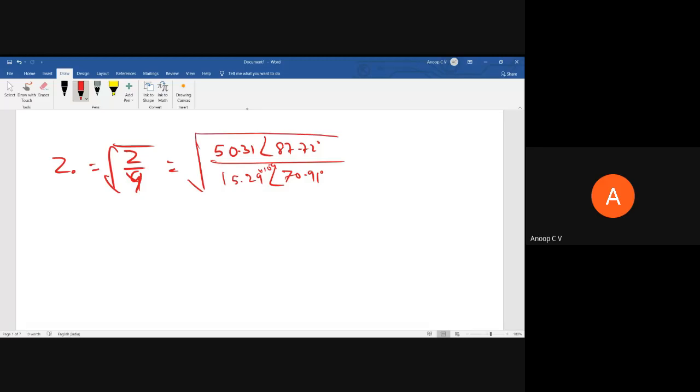Please do find this. I'll write the answers, please do verify. You should get 181.39 angle 8.4 degrees, and in Cartesian form that is 179.44 plus j 26.50. So this should be the value of Z naught, and this is in ohms.